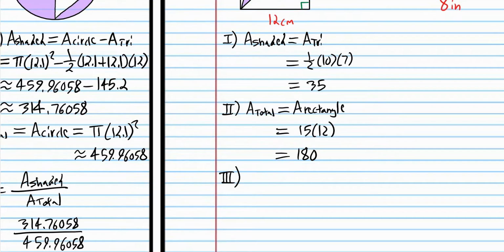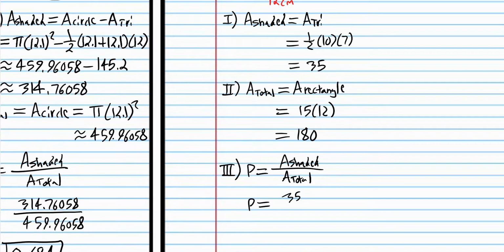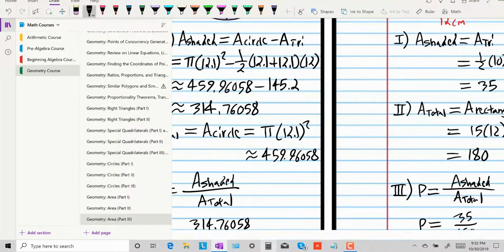And part 3, we have to find the probability, which is equal to, as usual, the area of the shaded region over the total area. And that is 35 over 180. So 35 divided by 180.